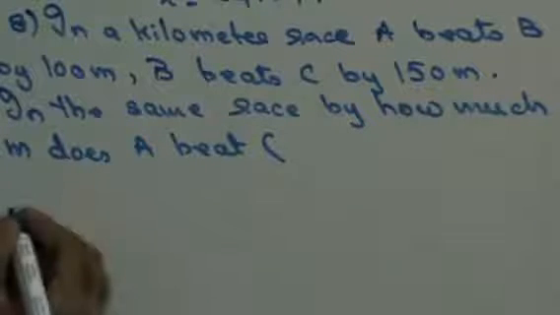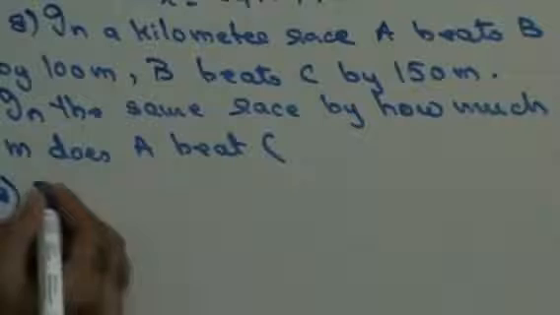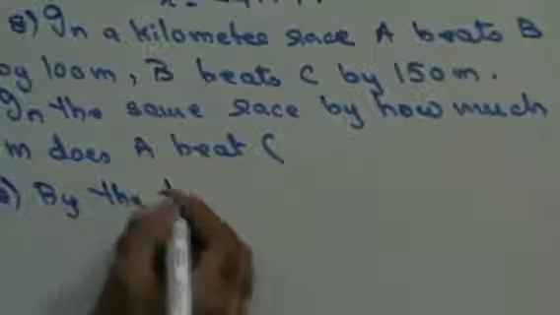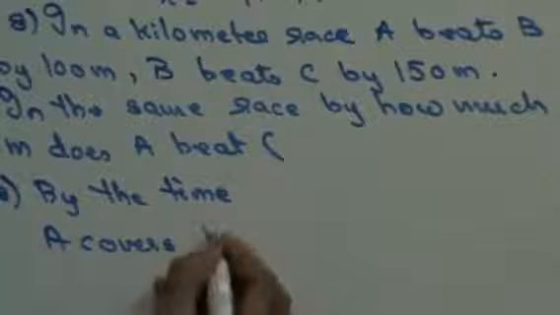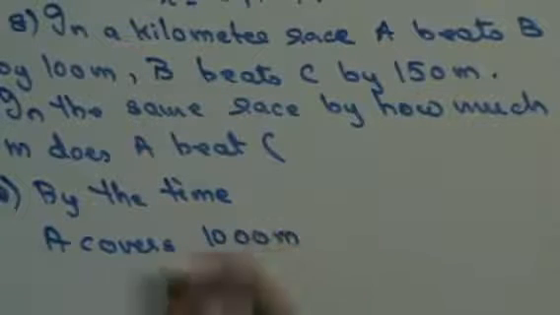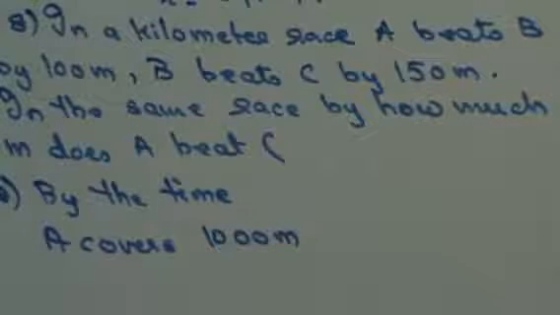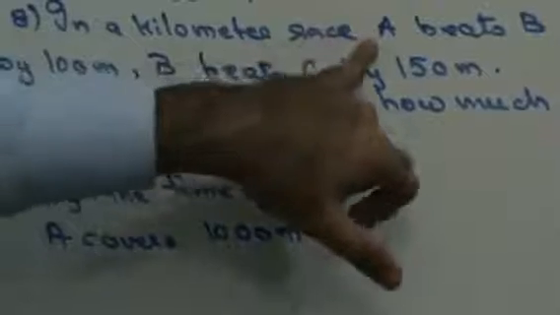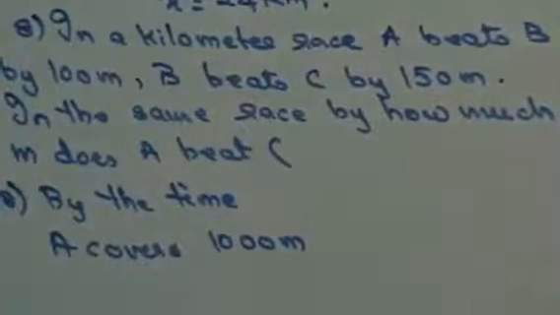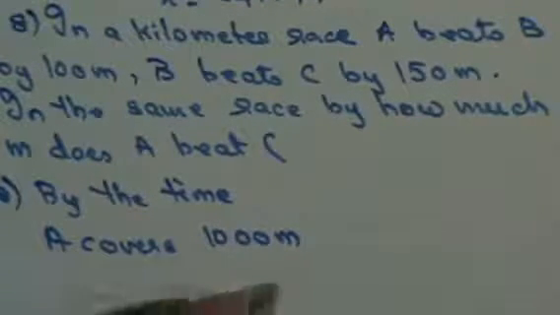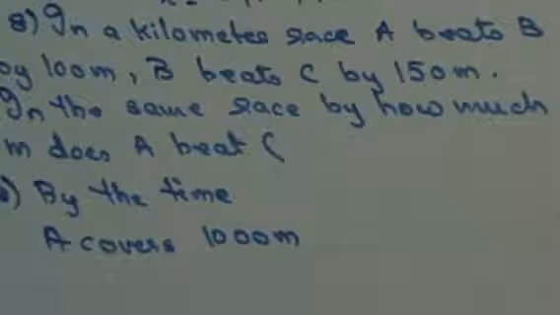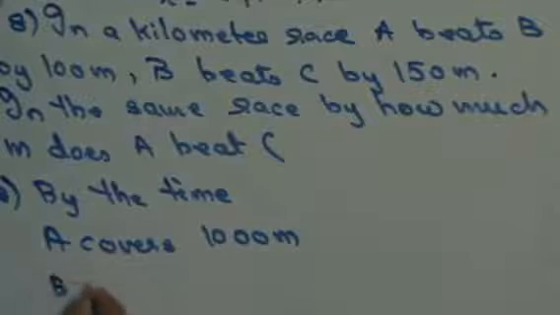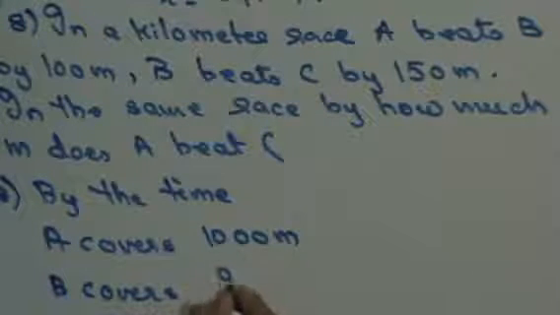That means by the time A covers 1000 meters, 1 kilometer is 1000 meters. In a kilometer race, A beats B. That means A has crossed the line. If A has crossed the line, that means he has covered 1000 meters. A beats B by 100 meters. So by the time A covers 1000 meters, B covers 900 meters.